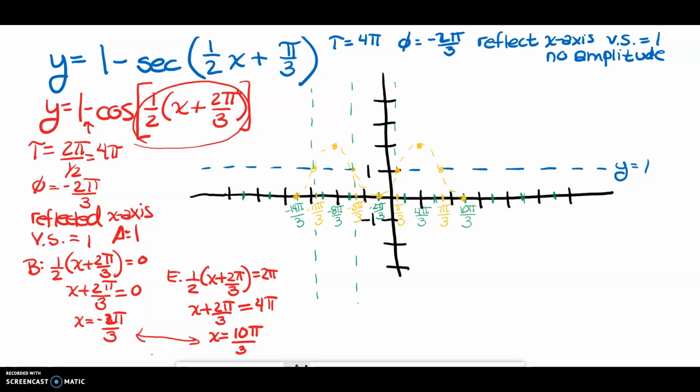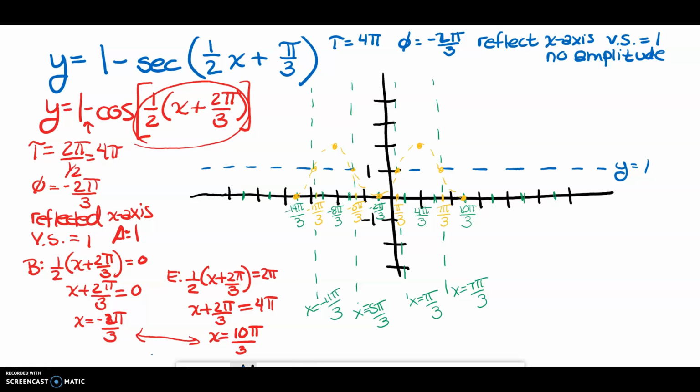So it's crossing at all of these spots, and remember I have to label my asymptotes. So this is x equals 7 pi over 3, x equals pi over 3, x equals 5 pi over 3, x equals negative pi over 3, and x equals negative 11 pi over 3.